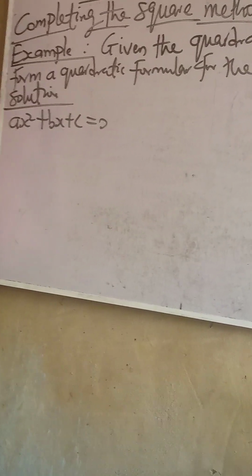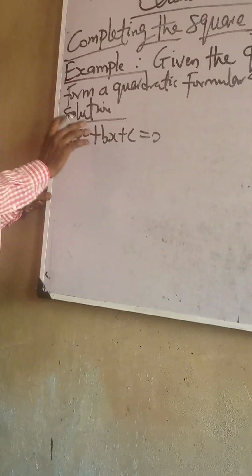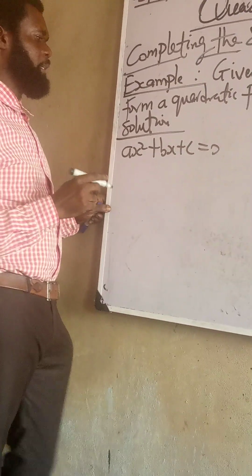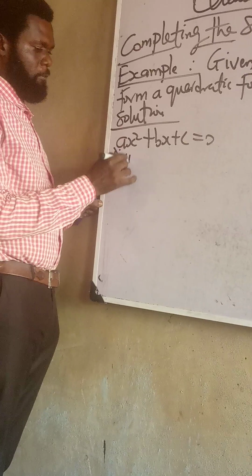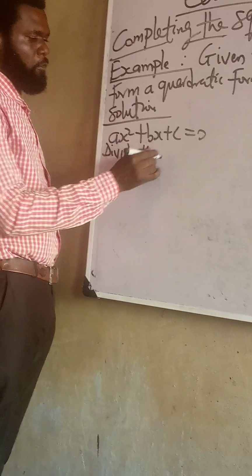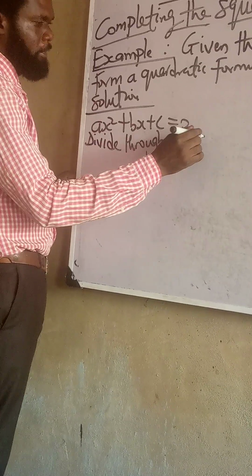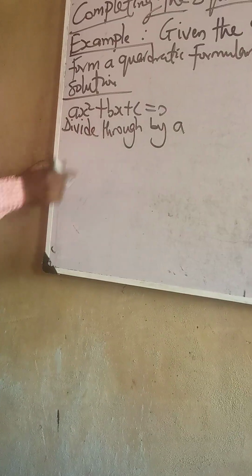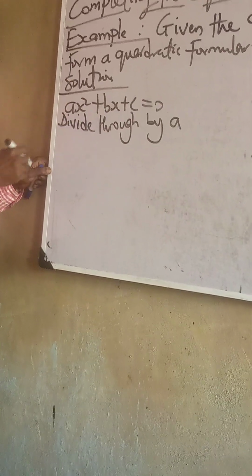Let's go. Now, in step 1, if you want to solve this question, the first thing to have at the back of your mind is that we are going to divide through by a, and this a that we're talking about is the x squared coefficient.